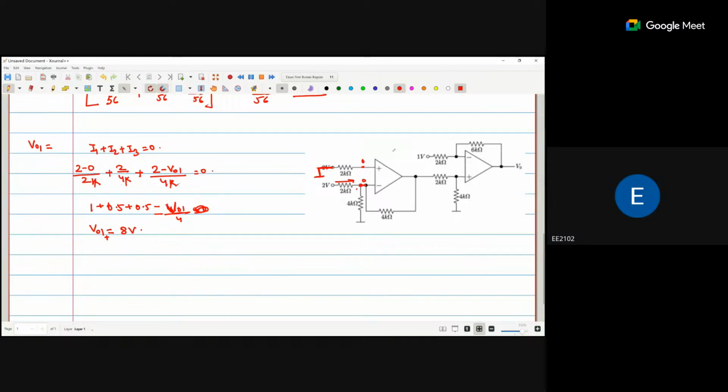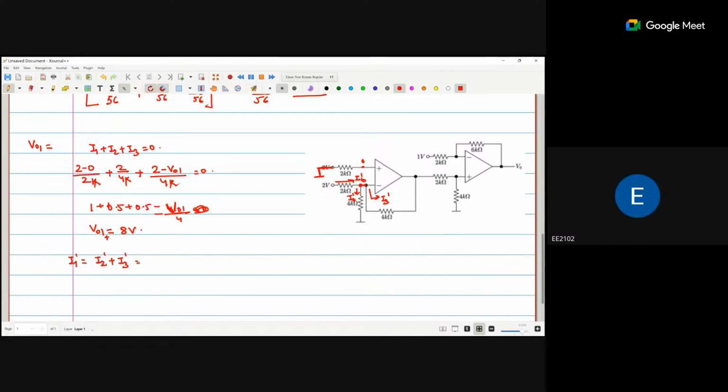At this point the current will be distributed here and here. I consider this is I1 dash, I2 dash and I3 dash. So I1 dash is equal to I2 dash plus I3 dash. The current coming to this node will be going into I2, and this will be going in I3.